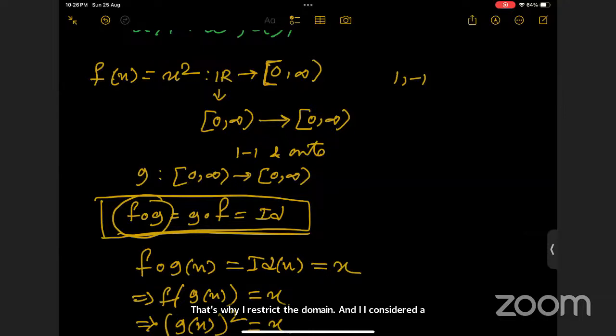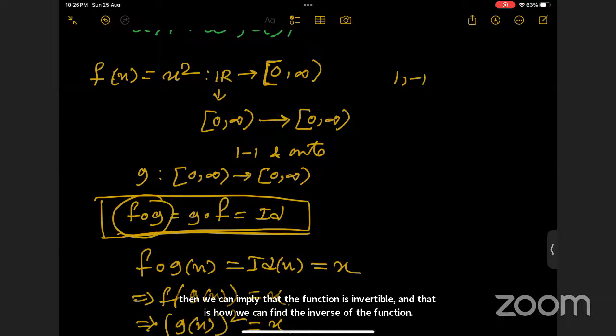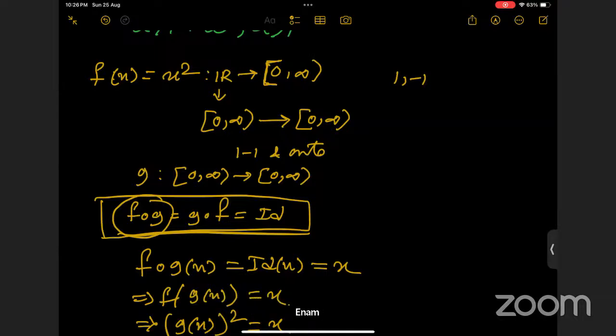Then the function became one-one and onto in this restricted domain, so we can say the function is invertible, and that is how we can find the inverse of the function. And ma'am, root x is not defined at negative x, right? No, because then it will be a complex number. That is why we restricted this as 0 to infinity, so there is no negative number here.